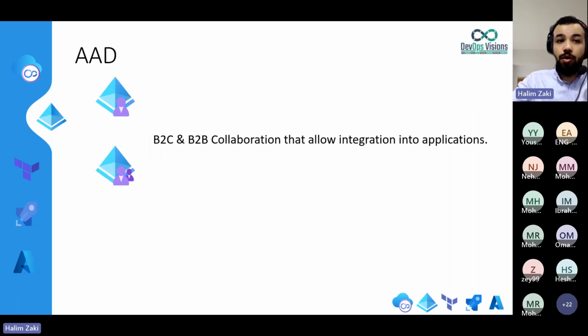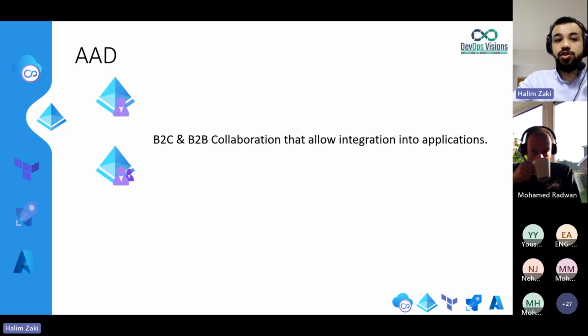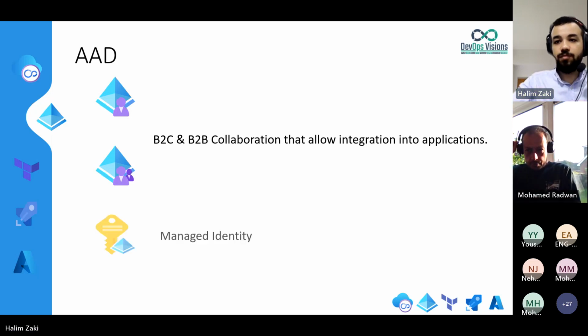Also, it delegates complex identity management by providing B2C, which is business to customer, and business to business collaboration, which allow integration into your application and provide more advanced identity management for your organization out of the box. Also, at the end, there is the managed identity.